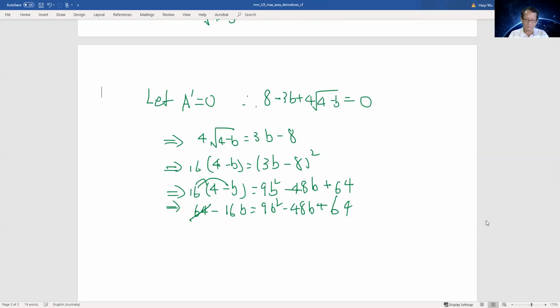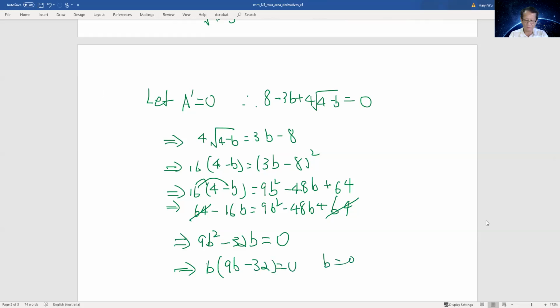So we have 9b squared, and moving the other term to the other side, plus 32b, equals 0. So we take b out: b times 9b minus 32 equals 0.